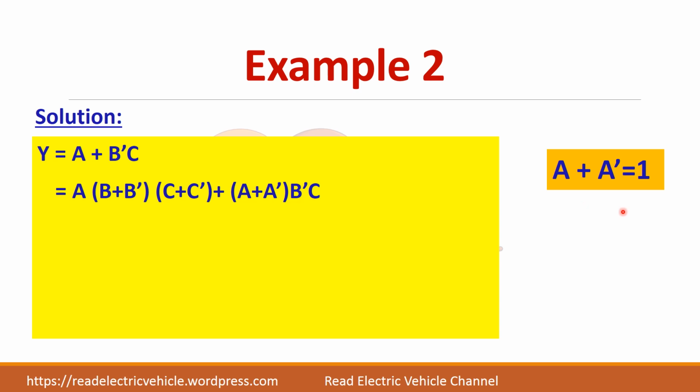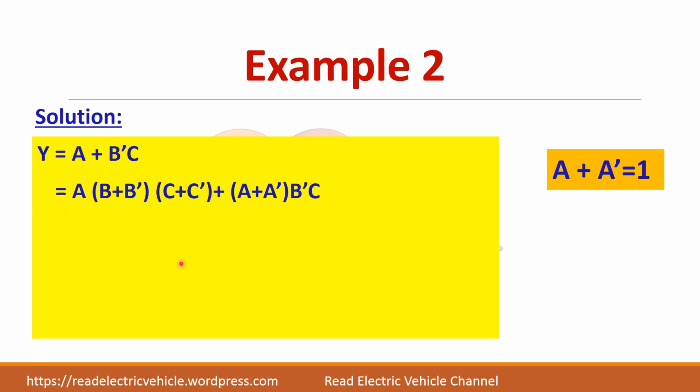So I am multiplying by 1 here. A dot (B plus B')(C plus C'), plus here A is missing, so (A plus A'), then the remaining term B'C.